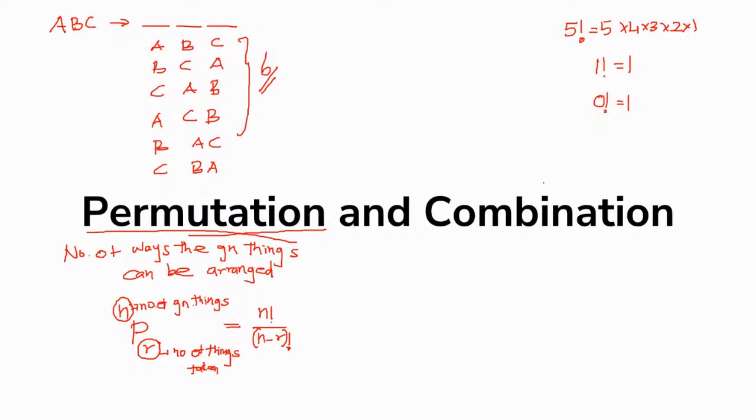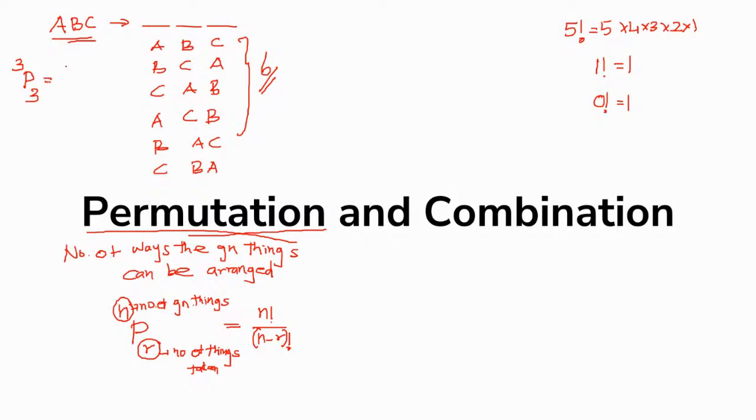You may ask, fine, but how can we use this? Look here. The number of things given is 3, and the number of things to be taken is 3, since there are 3 chairs and 3 members. So n is 3 and r is also 3.